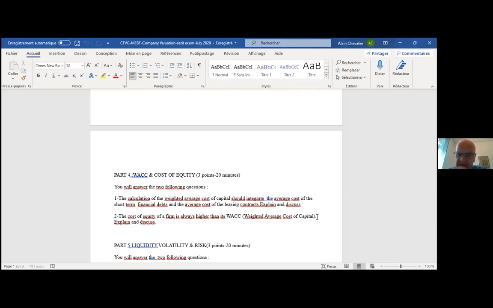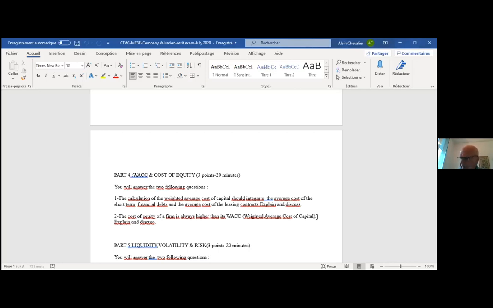But in this calculation, we didn't integrate any kind of short-term debt, whether operational debt or financial debt. And the second ratio is the same value for the debt level compared to the free cash flow level.